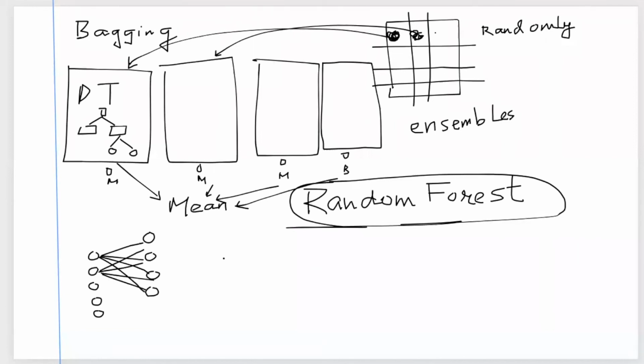Then we may decide that we will create another set of neurons, and the output from the first layer of neurons will go to the second layer of neurons. So like this, we will create a network. Ultimately, we will have one neuron. Let's say in the case of binary classification, this neuron will tell me only two things, either a 0 for a good file or a 1 for a bad file.